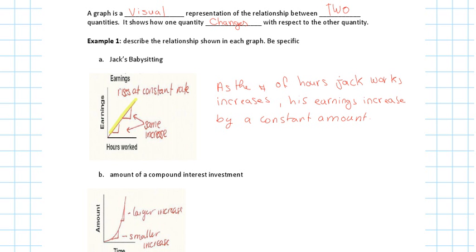Correct? Right? If he works for 1 hour, he's going to get $10. If he works for 2 hours, he's going to get $20. If he works for 3 hours, he's going to get $30. Right? So it's increasing by $10 for every hour he works.